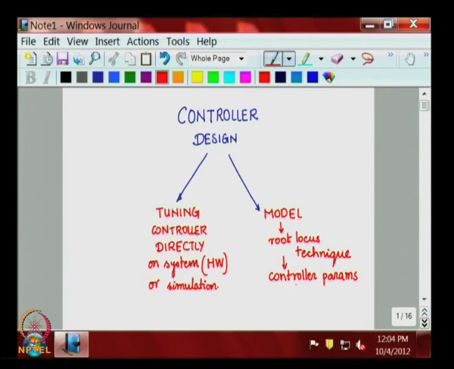These controller parameters are arrived at by iteratively looking at the root locus of the plant, closed loop system and the step response, and then after many iterations you can boil down to the appropriate value of the controller parameters. These will be populated or included in the hardware or simulation platform.